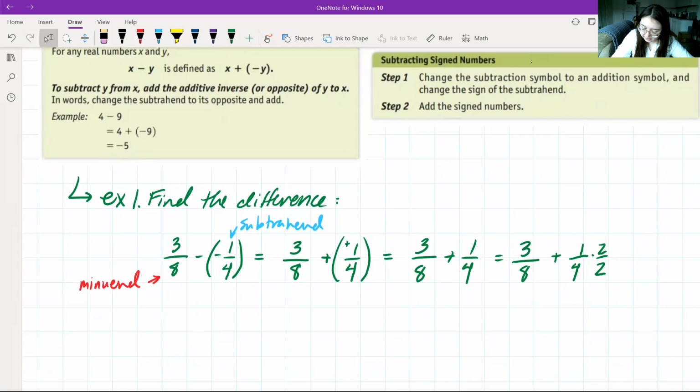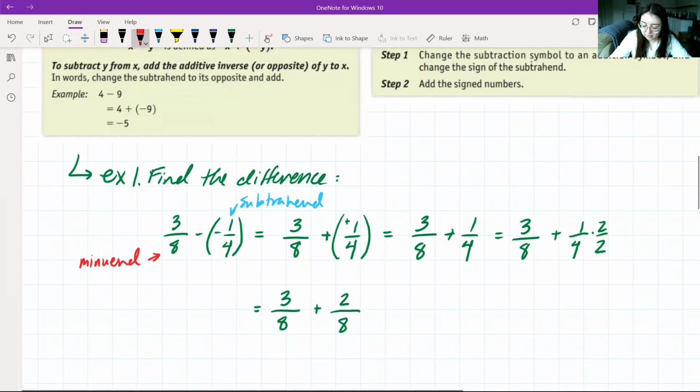Let's go to our next line here. So we still have 3 over 8, which is our first term. And now we have 1 times 2 in our numerator and 4 times 2 in our denominator, which we know is 8, and 1 times 2 is just going to be 2. And now we have our common denominator.